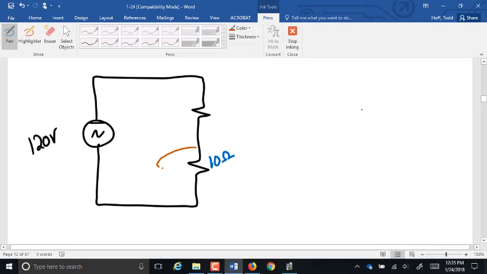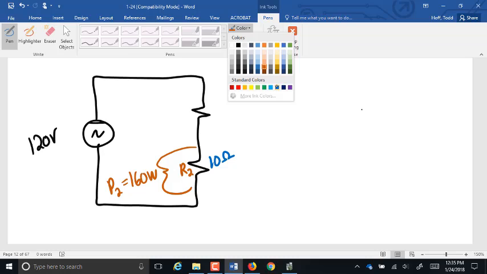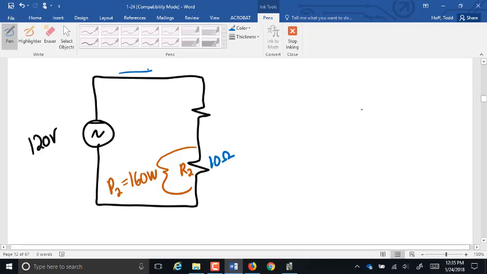And there is a power loss here. This is R2. So P2 here is 160 watts. Find that current and find what R1 was.